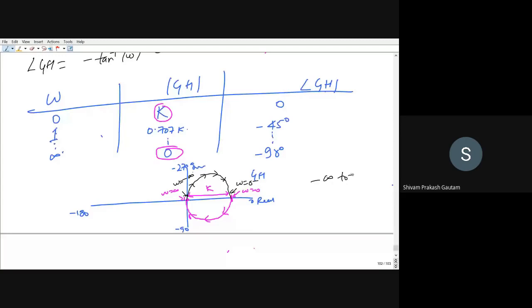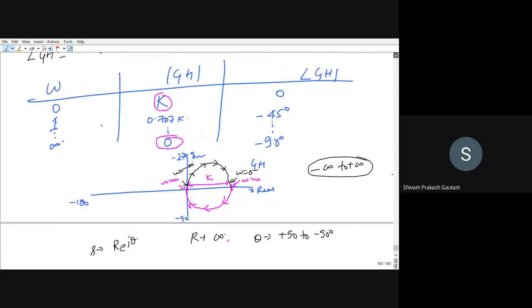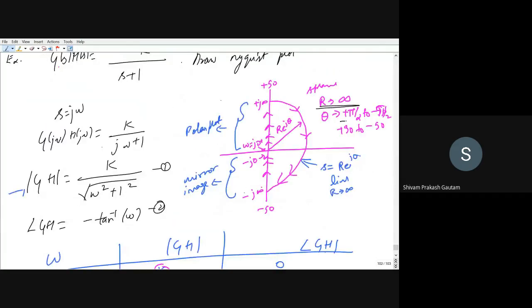Now we have to plot for the semicircle. For the semicircle, we put S is equal to R e to the power j theta, where R is tending to infinity and theta, the orientation, is from plus 90 to minus 90. In the Nyquist contour, R is tending to infinity and theta goes from plus pi by 2 to minus pi by 2, because frequency increases from 0 to plus infinity, then from plus infinity to minus infinity, then from minus infinity to 0 minus.